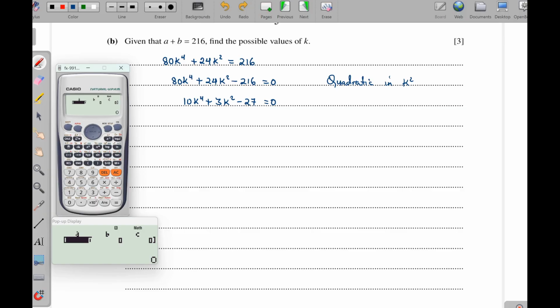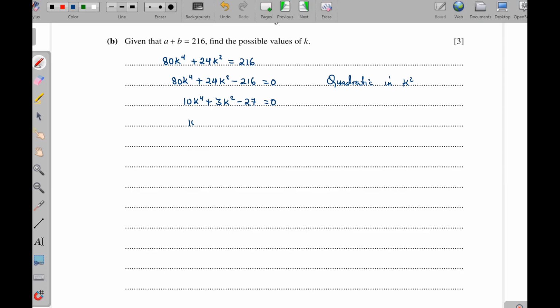Remember, by the way, I said it is a quadratic in k squared. So it is k squared here, then squared, then plus 3k squared, then minus the 27. You see? So if you want, you can let y be equal to k squared. Then you have 10y squared plus 3y minus 27. You see that it is a quadratic equation.